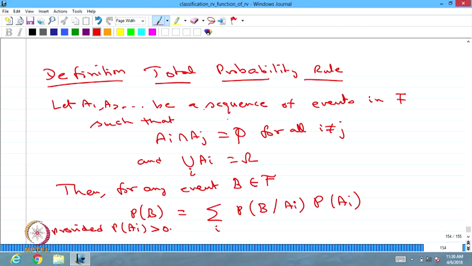So the total probability rule says that if you have a partition of events on omega, the probability of any event can be computed with the conditional probability given the partition events multiplied by the probability of those partition events for all i's. This is called the total probability rule.